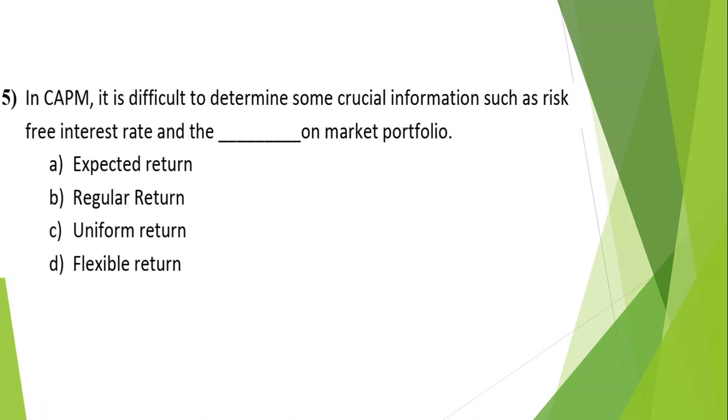Option B, regular return. Option C, uniform return. Option D, flexible return. Any guessing answer for this fill in the blank question? The answer is option A, expected return.